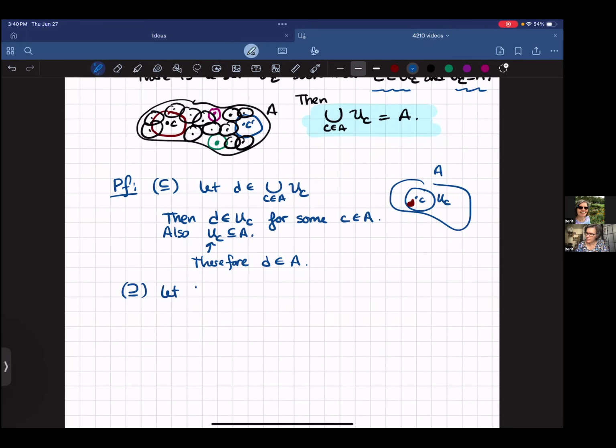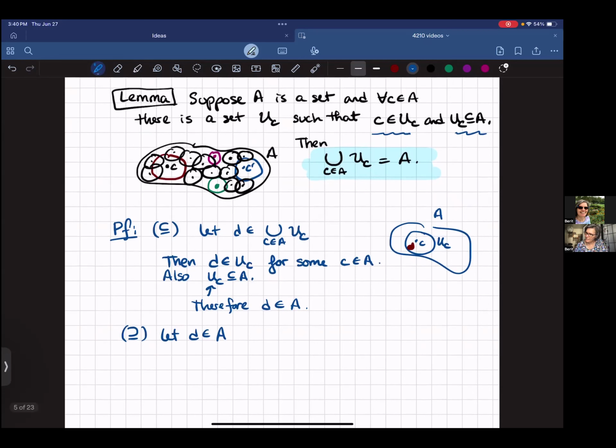So now we'll start with d being an element of capital A. So that means that d is equal to one of these c's, okay? By hypothesis, d is in U sub d, which is one of the sets whose union is being formed.